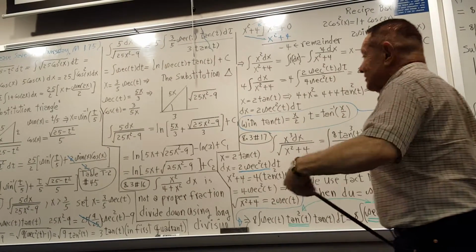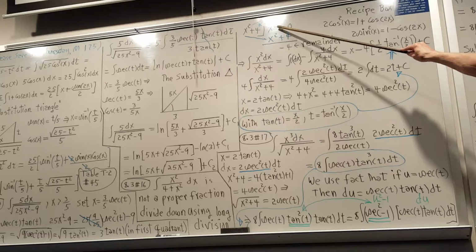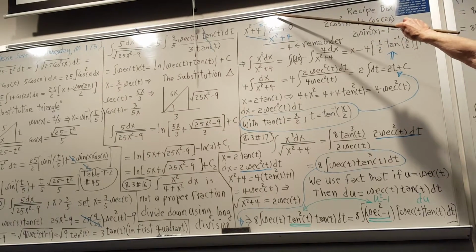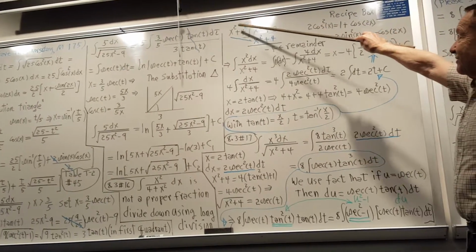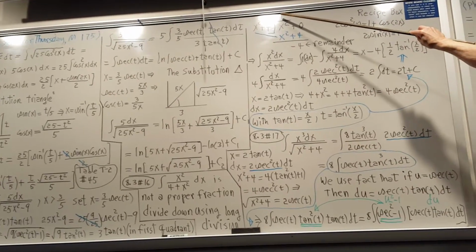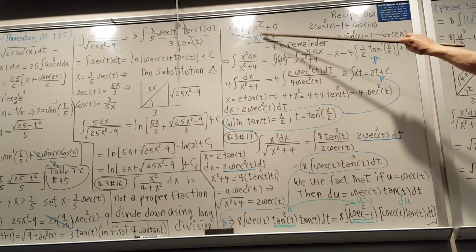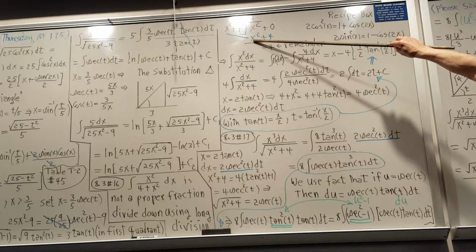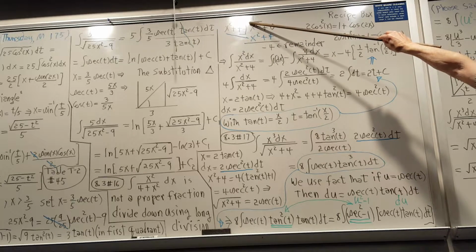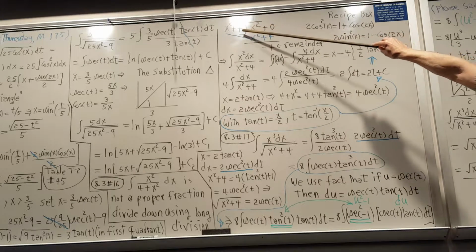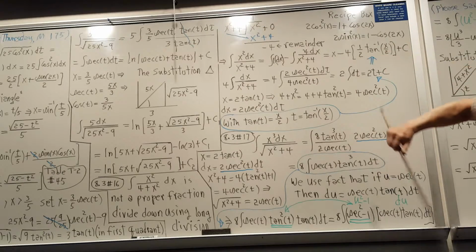And so we set up our division problem, and whatever is here is exactly what it needs to be. So if you take this times that, it will be identical to what's above it in the dividend.